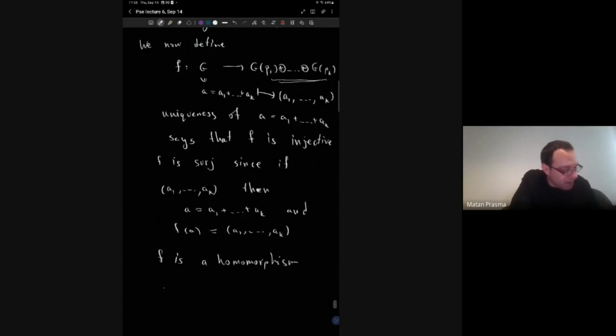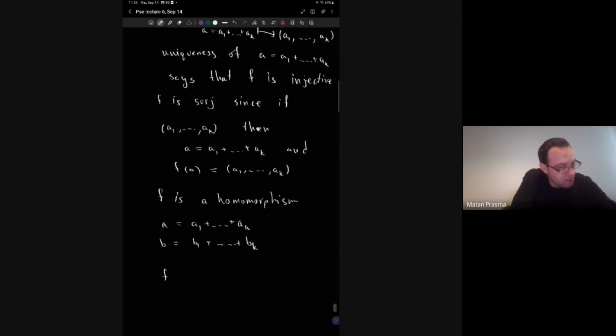If you take A, which you express as a sum, and B, which you express as another sum, then by definition you know that A plus B is the sum of all these elements, and I can write it as A1 plus B1 plus up to AK plus BK.